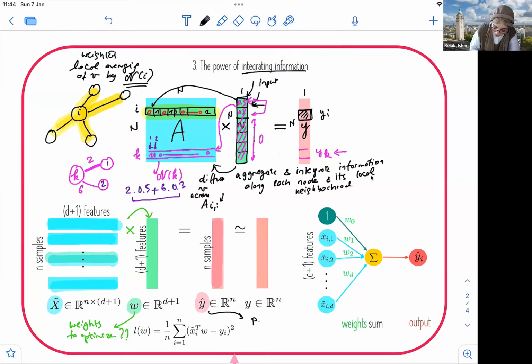So if we're doing prediction, these are the predicted scores in this regression problem. And what we want is to have these predicted scores very close to the ground truth vector. So in this case, we have N training samples. We want to predict all their values. And you can see that these two are very similar.